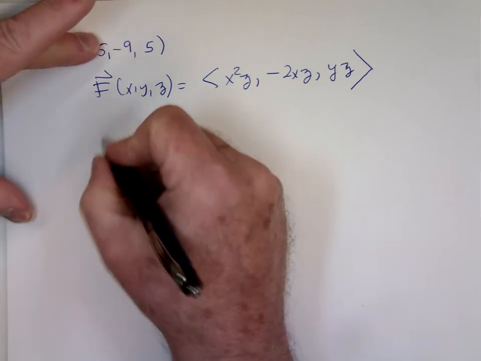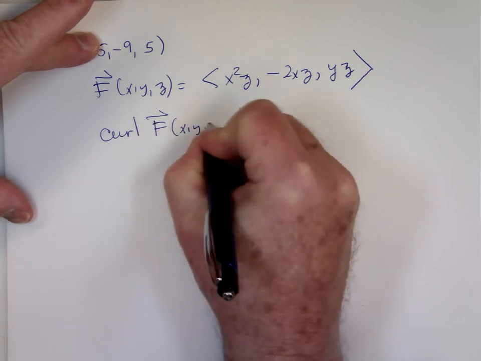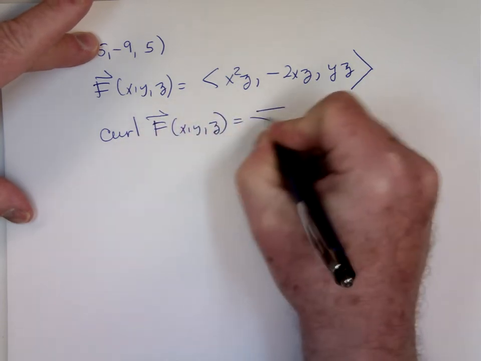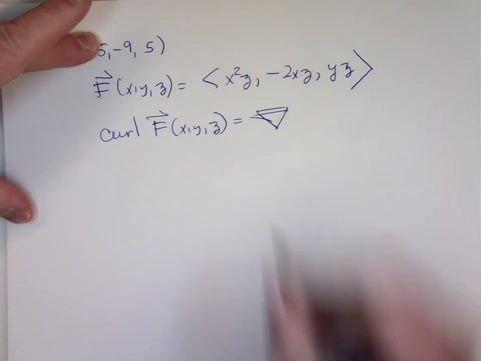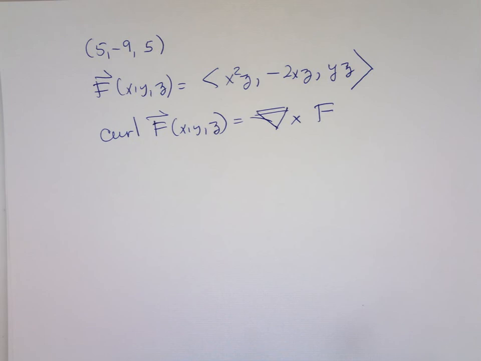The curl of a vector field is its gradient cross product with the field itself.